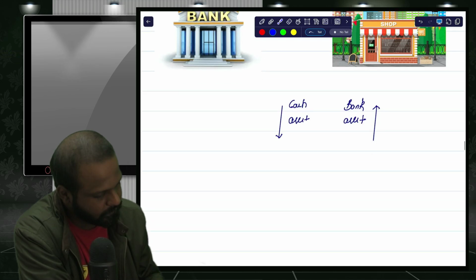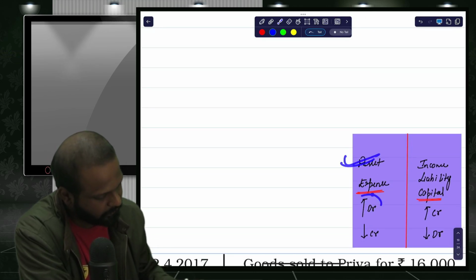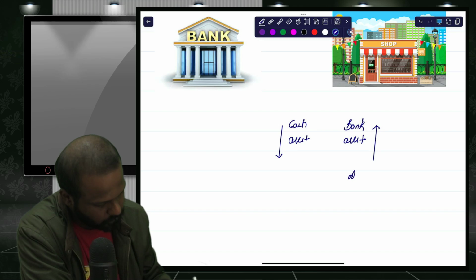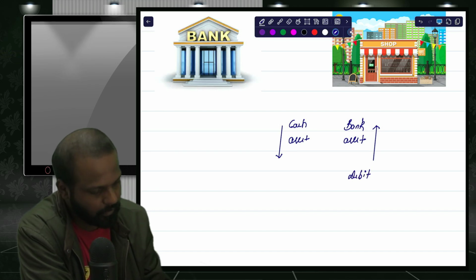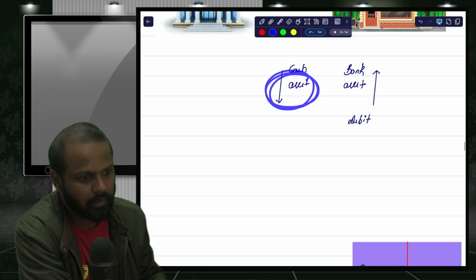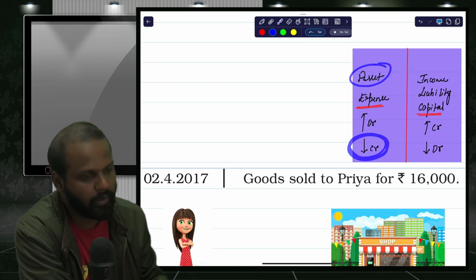Now what the rule says, whenever an asset increases, we do debit. So bank balance is increasing, we do debit. Next, whenever an asset decreases, we do credit.